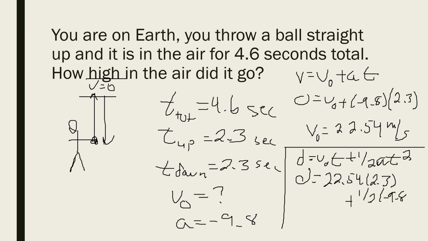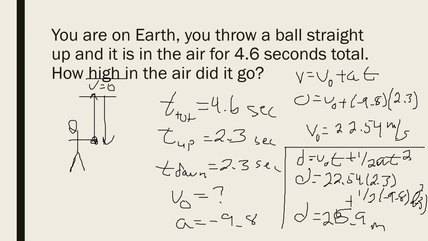They will mess you up. 1/2 times negative 9.8 times 2.3 squared. You simply just type all of this in your calculator. And you should get about 25.9. That's it.